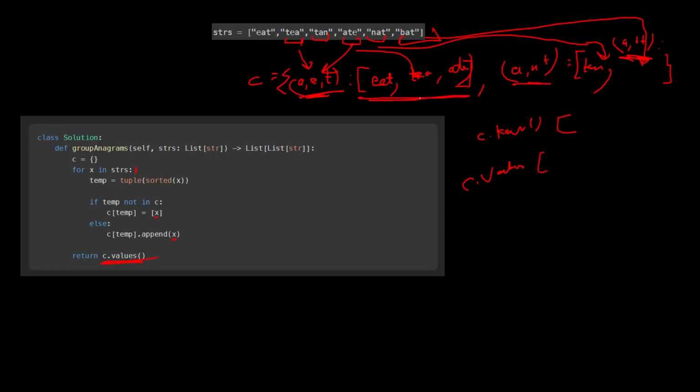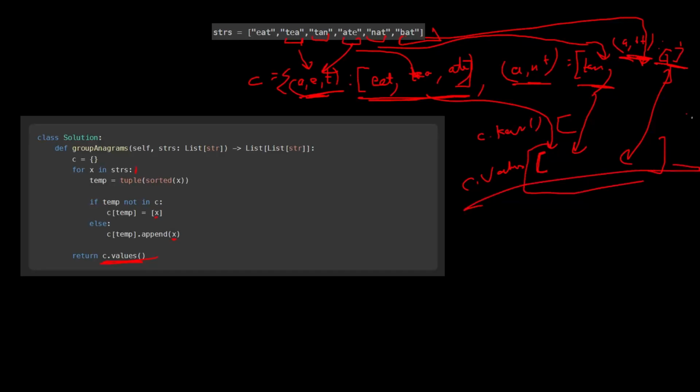So it will return this, and this here, whatever they will be, in an array. So that's basically what we were required to return. So this will be here, this will be here, and this will be here, and this will be returned, and we will get our answer.